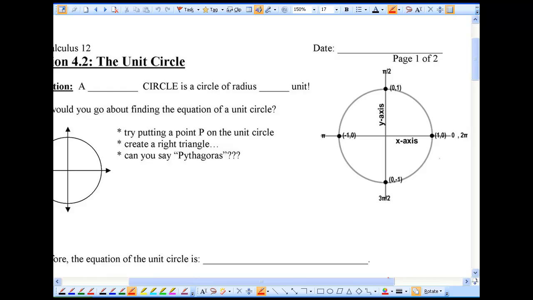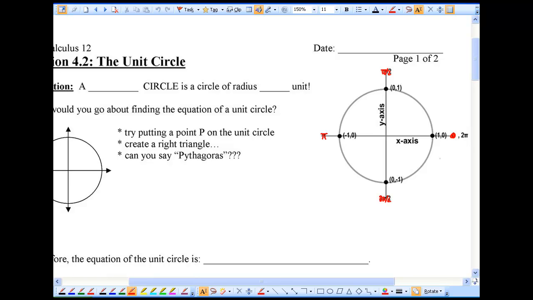So an angle that's right on the positive side of the x-axis is 0 radians. Okay, and as we move up, we get pi over 2 radians, and then pi radians, and then I think 3 pi over 2.